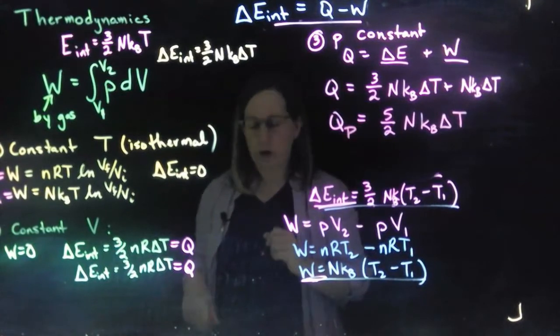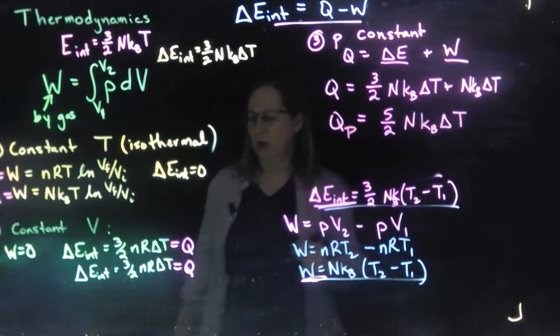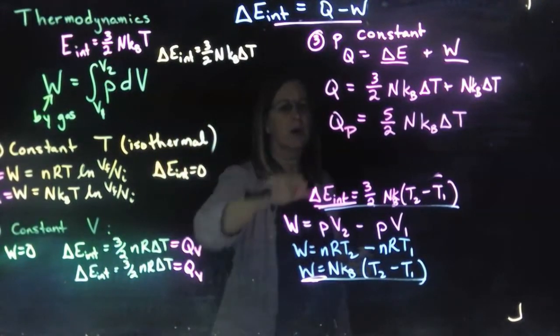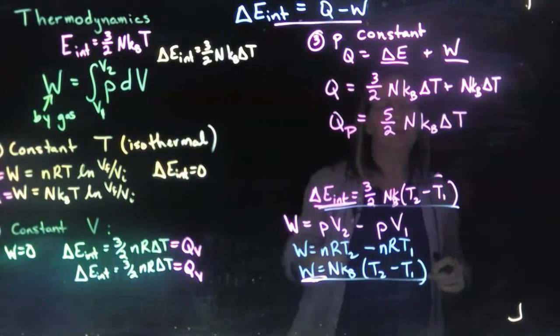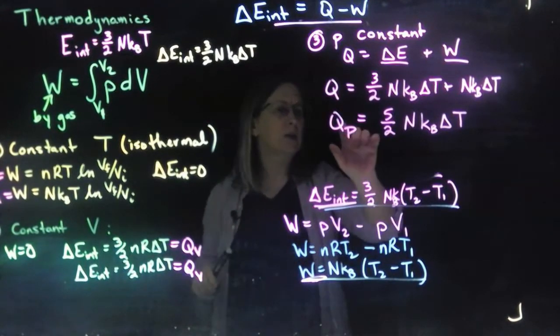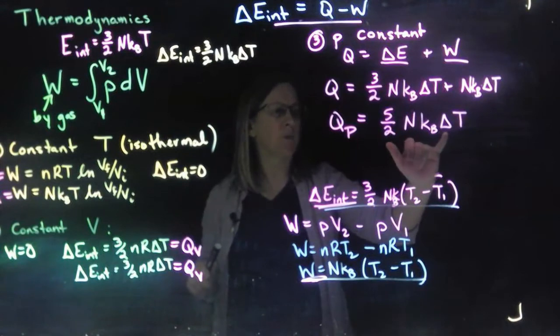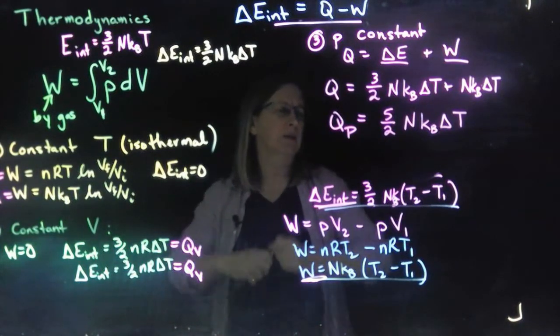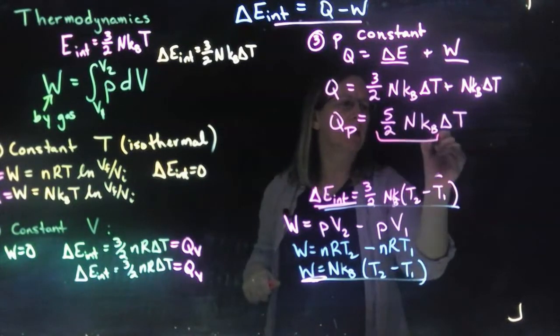So this is usually called my heat for a constant pressure process, and this is usually called my heat for a constant volume process. So you see in your book the heat associated with a constant pressure process versus a constant volume process. You can see a different sort of heat capacity here, right?